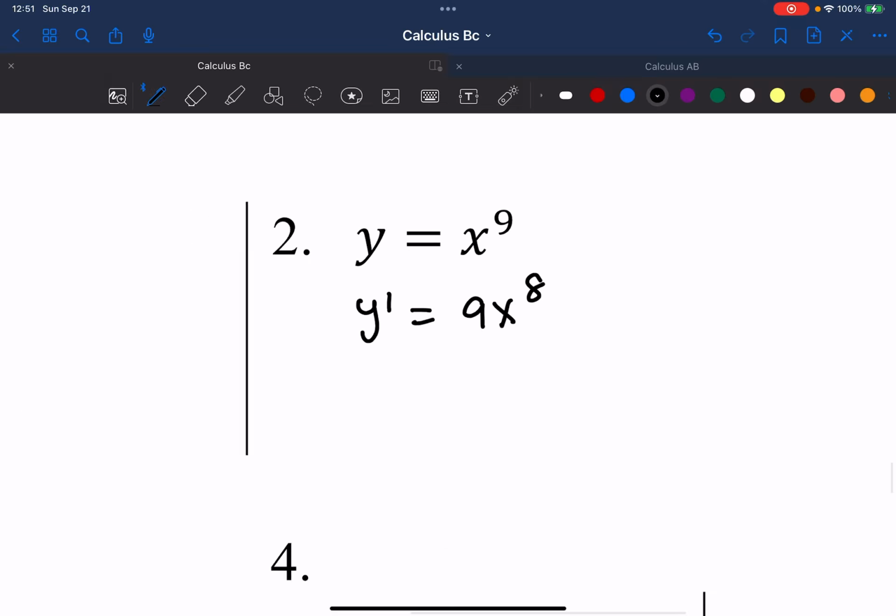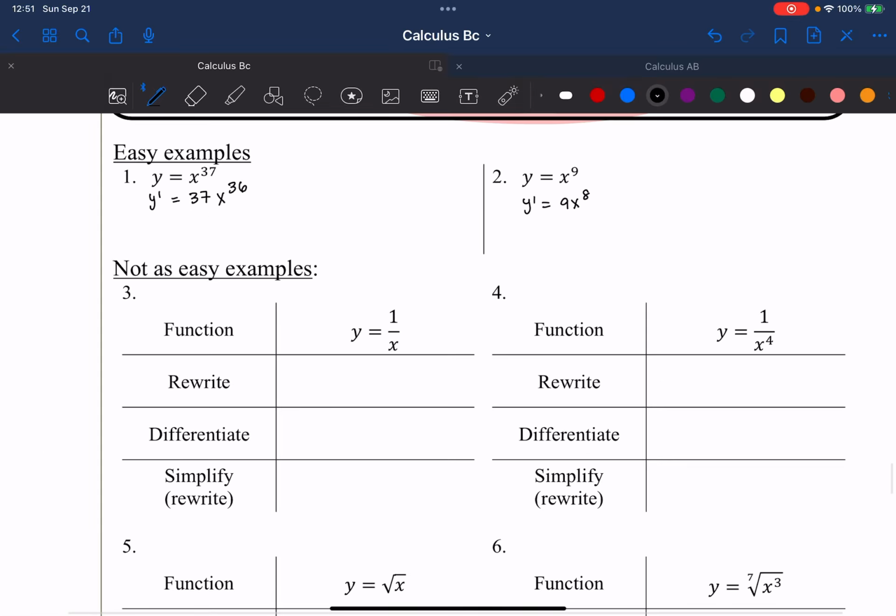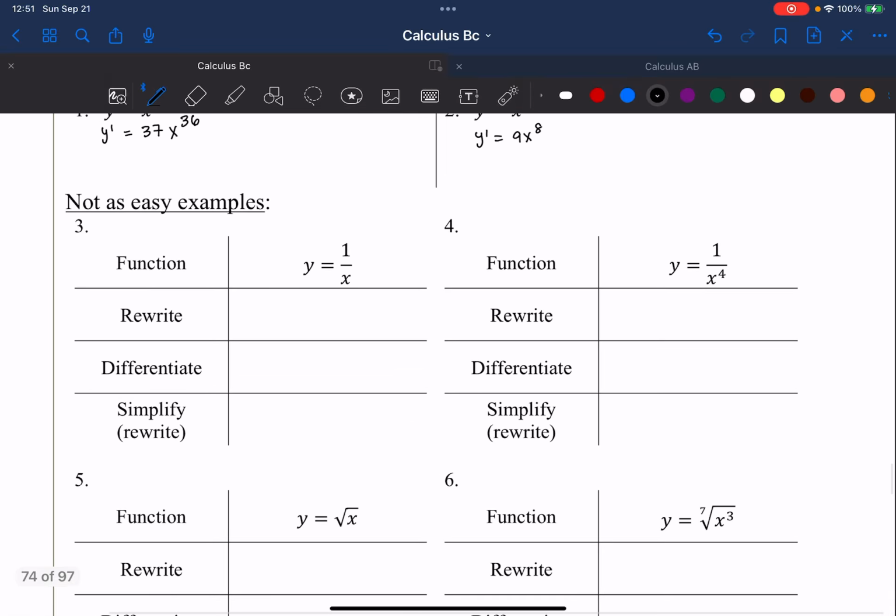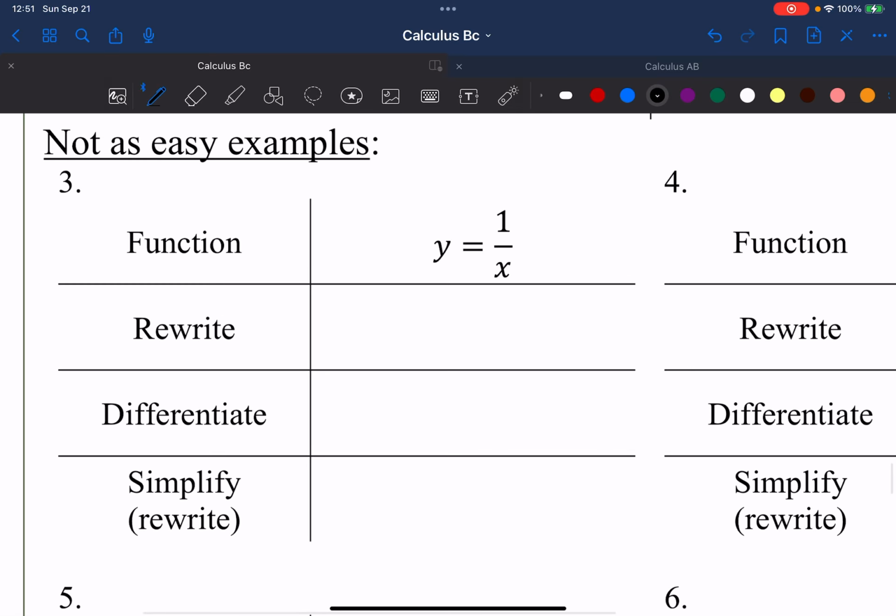Now let's look at some not so easy examples. The reason we say they're not so easy is because you have to remember your properties of exponents and recall that we can rewrite these in terms of an exponent, x to the n power. So the function y is equal to 1 over x is the same as saying y is equal to x to the negative 1 power.